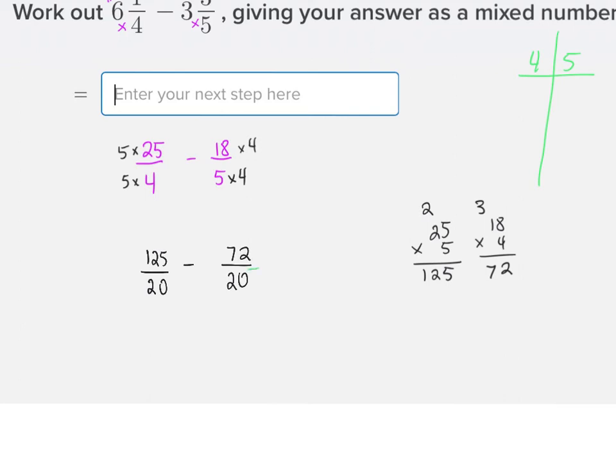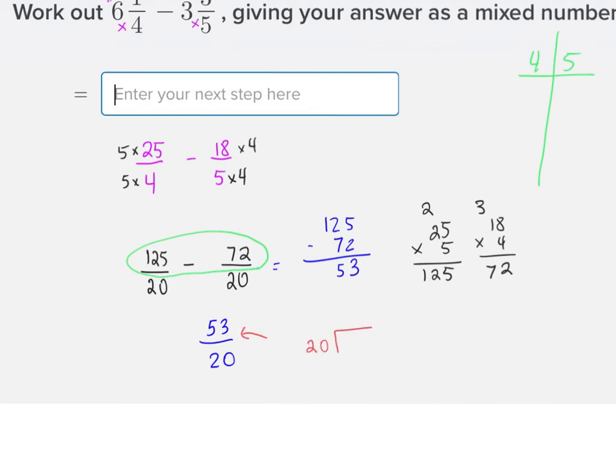Now I'm going to go ahead, once I have my common denominator, I'm going to solve across the top. Once we set it up here, now we just go ahead and do our subtraction to get 53/20ths. Now 53/20ths, notice my numerator is larger than my denominator, so this is improper.